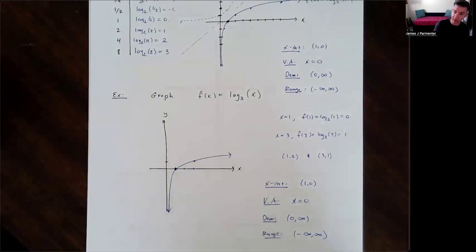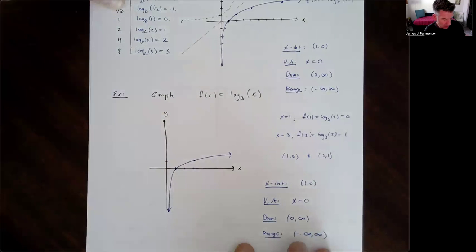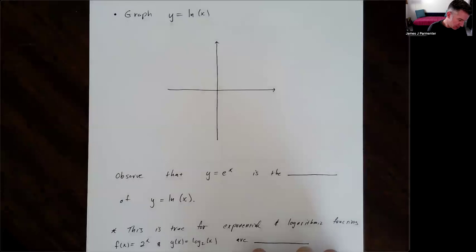And it might change our vertical asymptote if we shift left or right. And it might change our x-intercept if we shift left or right. So for logarithmic functions, the range doesn't change, but everything else can change if you transform it. For exponential functions, the domain doesn't change, but everything else can change if you transform it. A couple more examples.